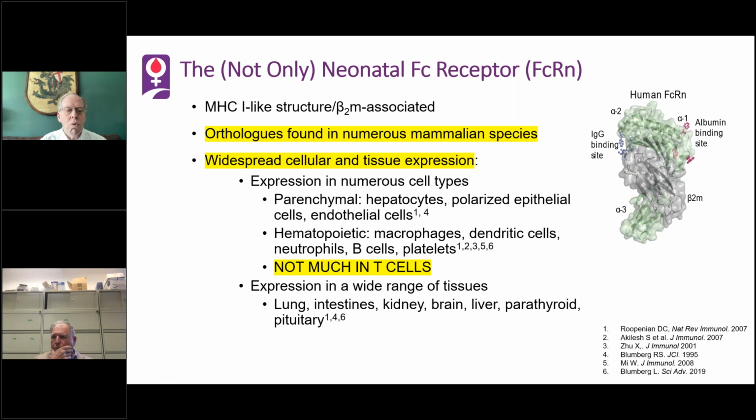But it's also widespread in cellular and tissue expression in many different types of cells, and primarily the cells that do not have much FcRn are T cells and NK cells.